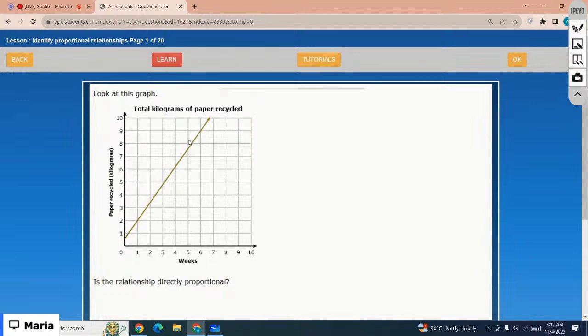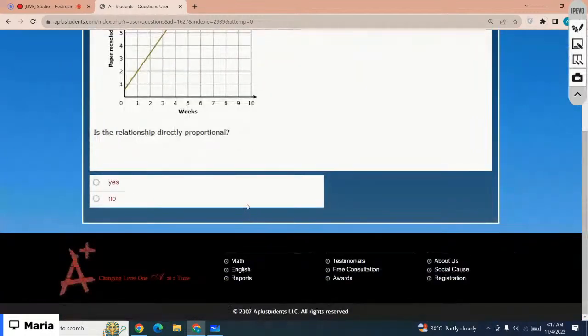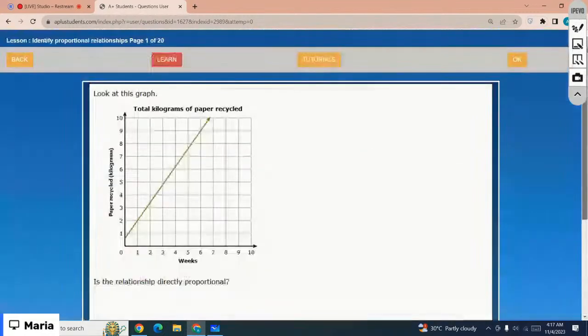So no, this is not directly proportional, right? If the graph is directly proportional, that means the graph must be a straight line and pass through the origin. So that is not directly proportional. The correct option is no. Got it?